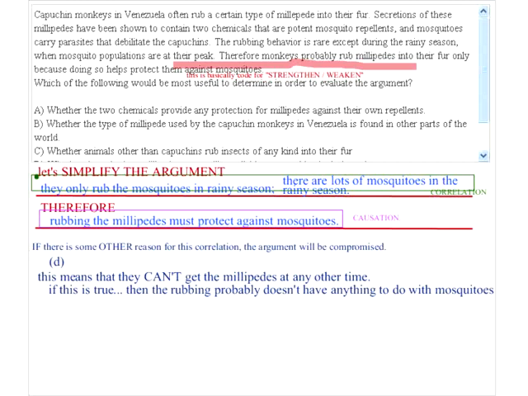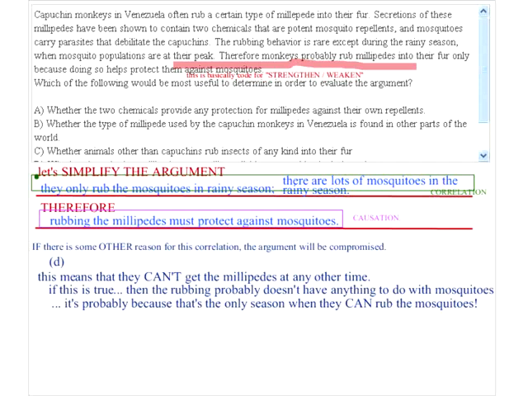It's probably just because they can't get them. It's probably because that's the only season when they can rub the millipedes. So that's going to have a substantial weakening effect on this argument. That's a strong answer choice.